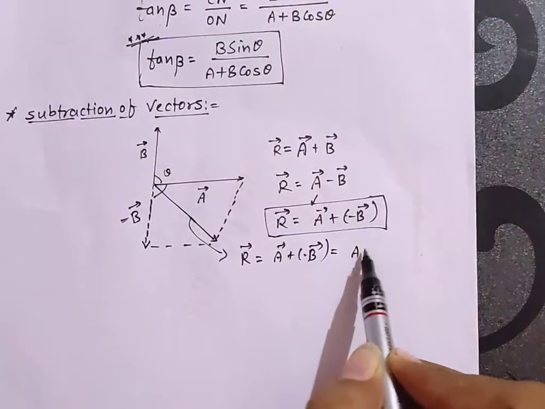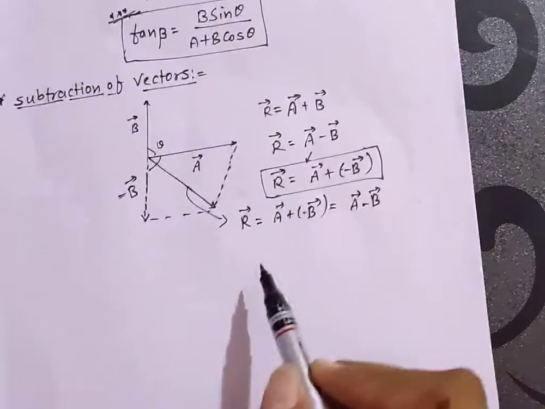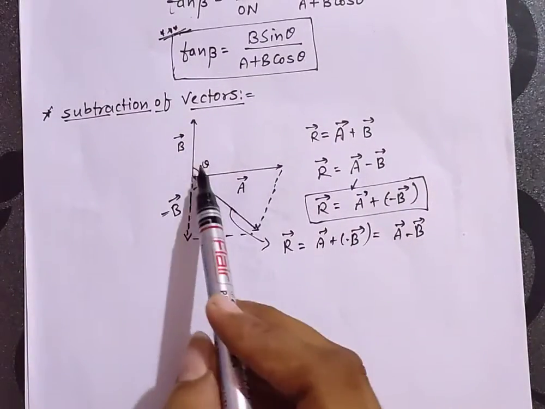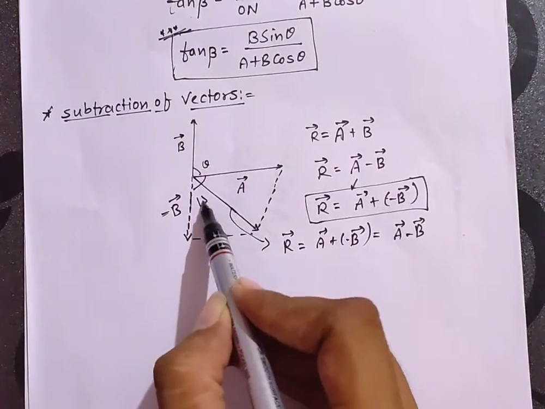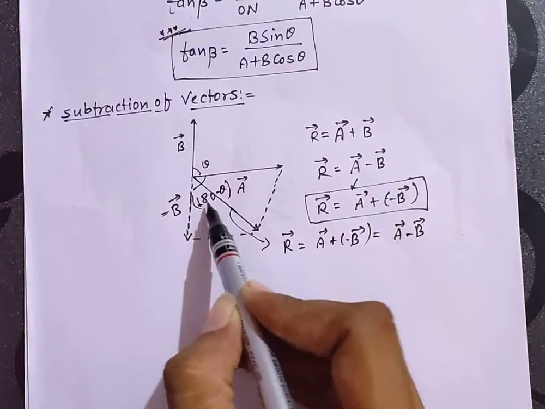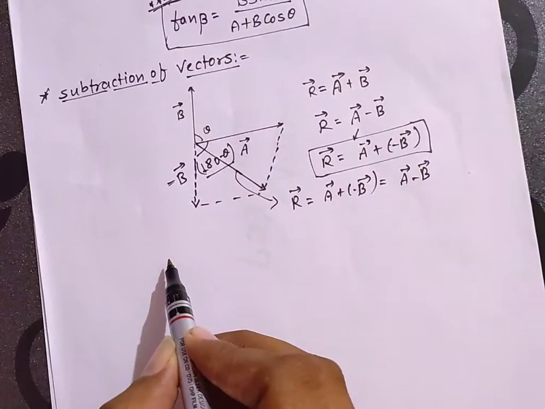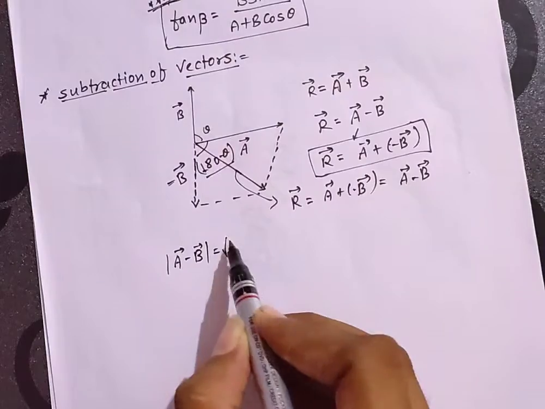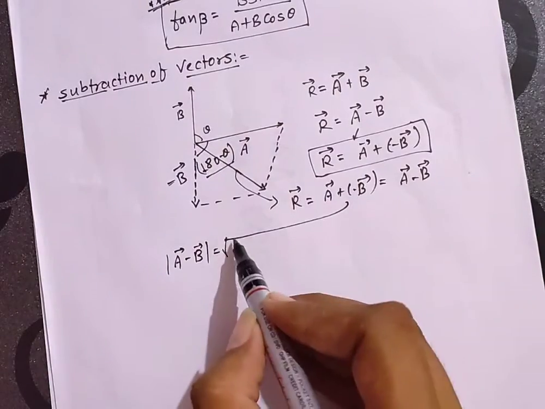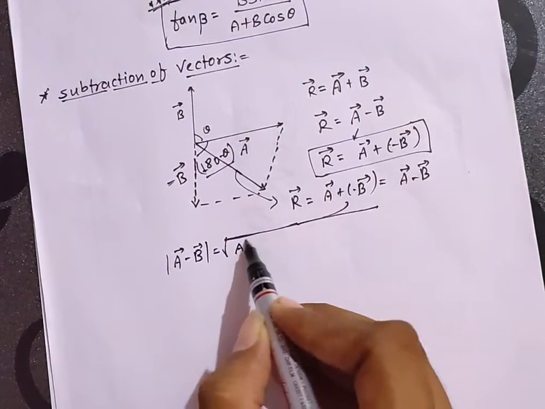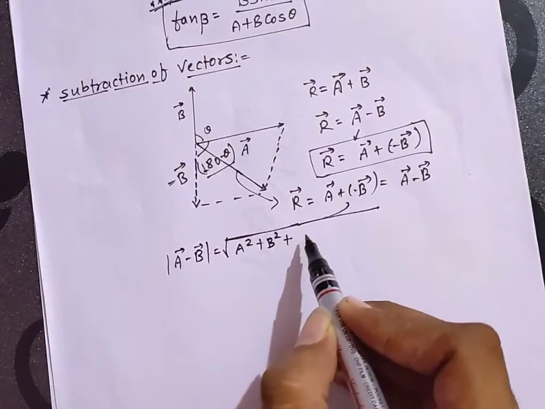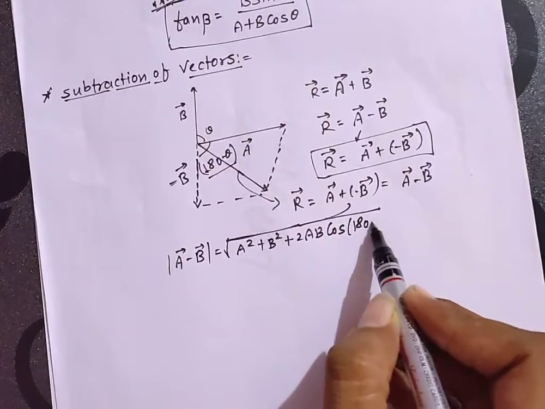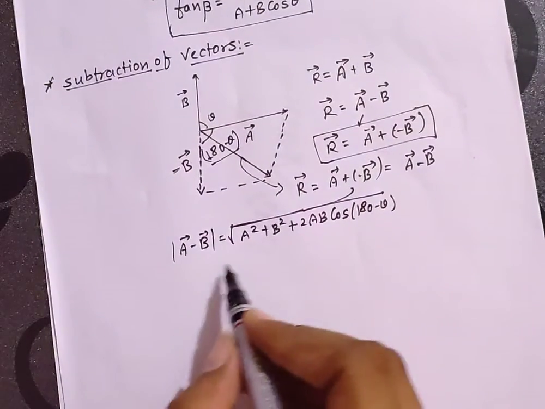So the resultant is vector A minus vector B. If the angle between this vector A and B is theta, then this angle is 180 minus theta. So the resultant of vector A minus vector B is equal to root of A square plus B square plus 2AB cos 180 minus theta.